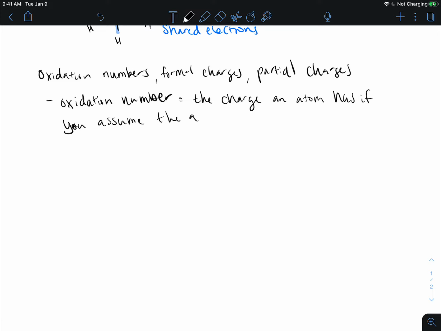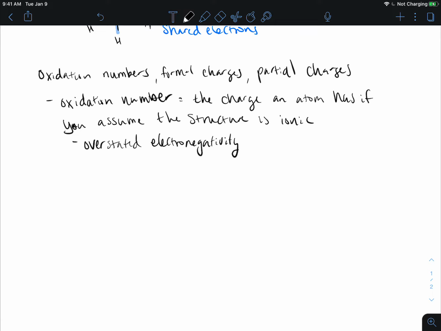So we have that transfer of an electron. So this is kind of an overstated electronegativity. Where we have, instead of just electrons being pulled towards a more electronegative atom, we have electrons being shifted from one atom to the other, the one that has the greater electronegativity.